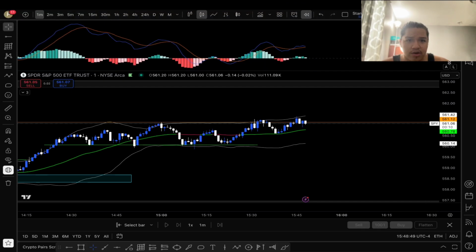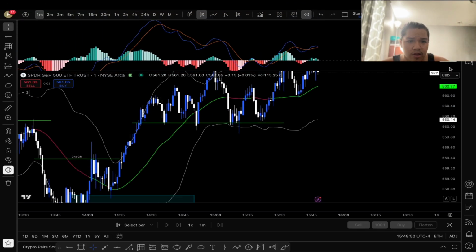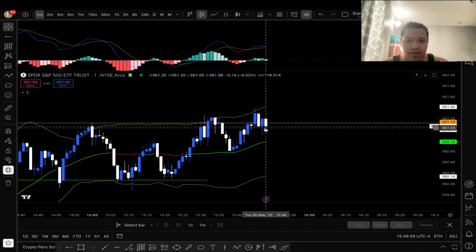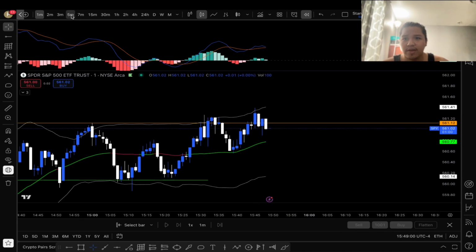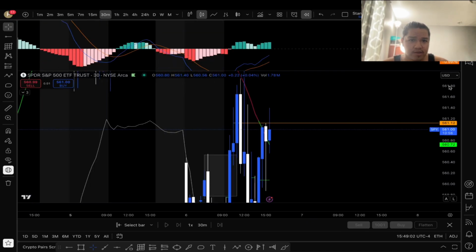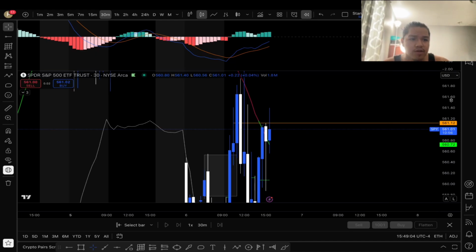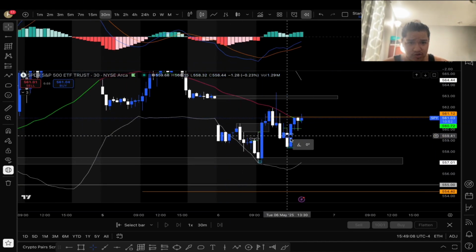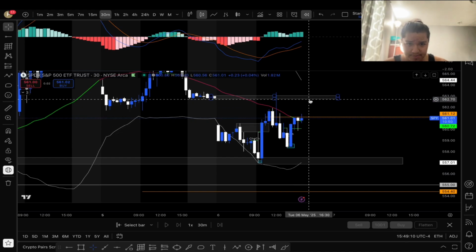You can see right here, okay, sellers on the 1-minute chart are kind of getting control here, but mind you, it is a break of structure, maybe a little bit of retracement before we head up. On the 15 minute, you can still see it's going strong. Break of structure, retracement, could go higher.